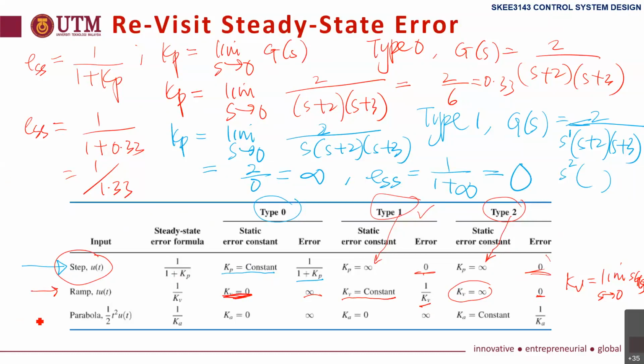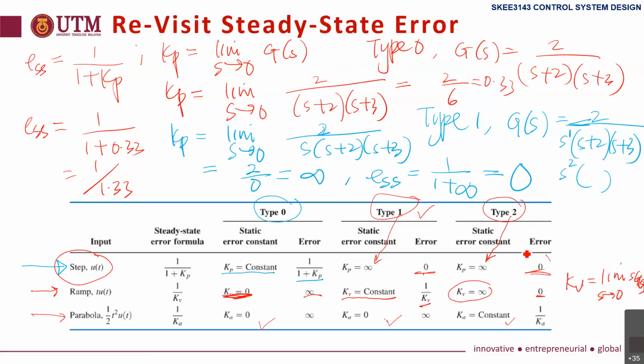For parabolic or parabola input, type 0, 1 will not give 0 error. Type 2 will have an error, still not 0. Type 3, if you proceed with that, will give 0 error for parabola.